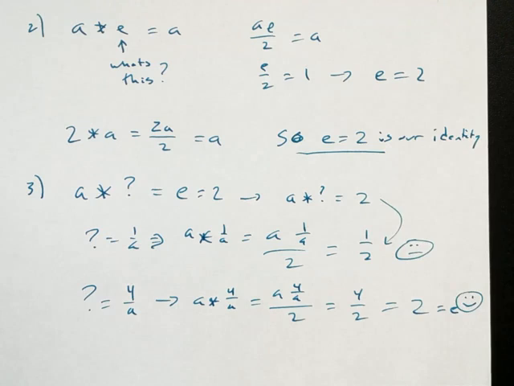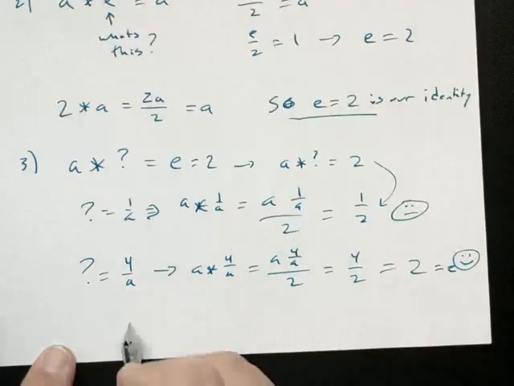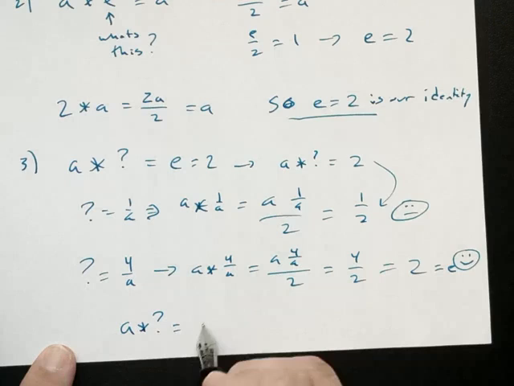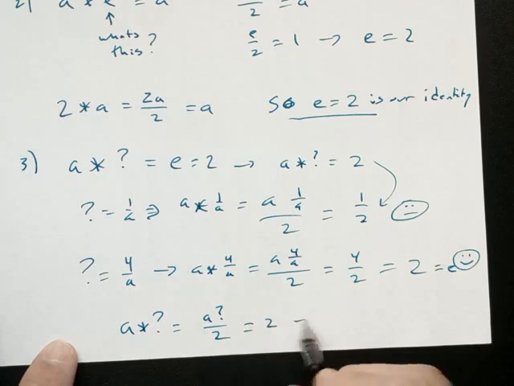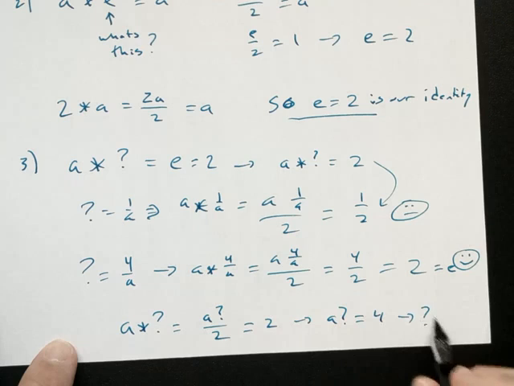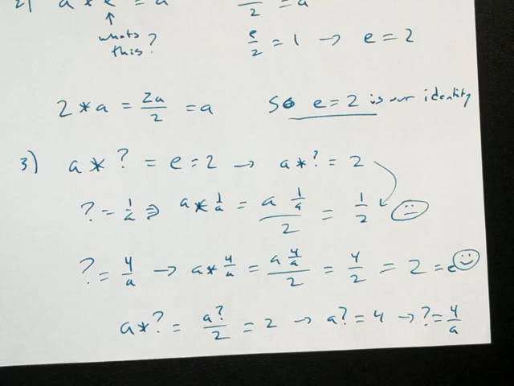Now, the other thing I could do is actually go through the process of looking at A star question mark as A question mark over 2, and I want that to equal 2, and then A question mark equals 4, so question mark equals 4 over A. Why do I know that that makes sense?